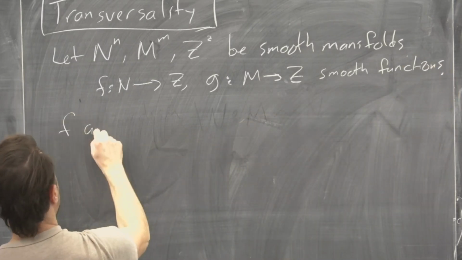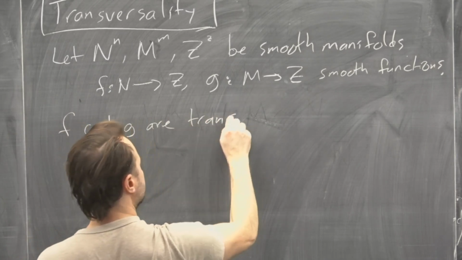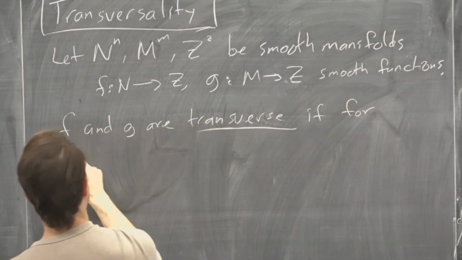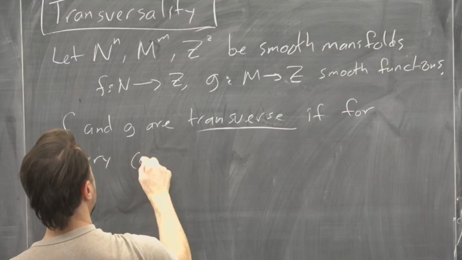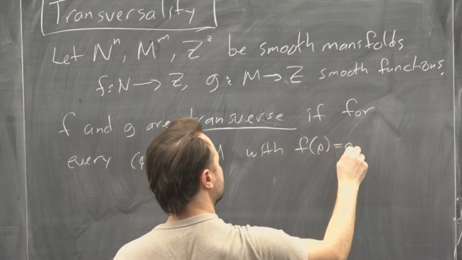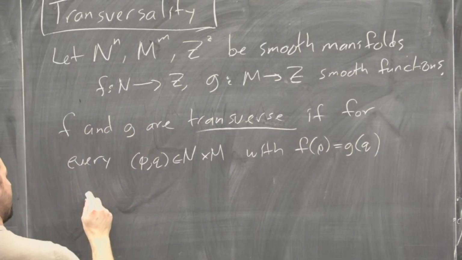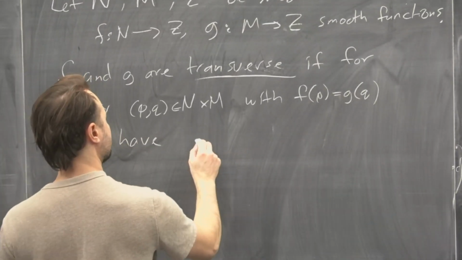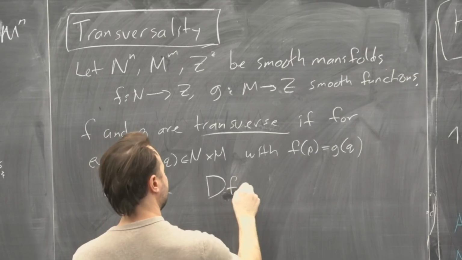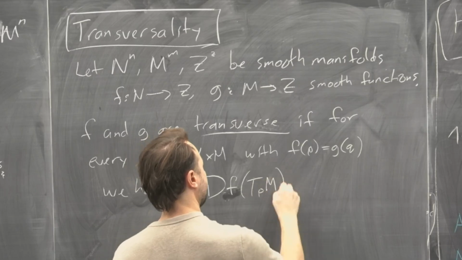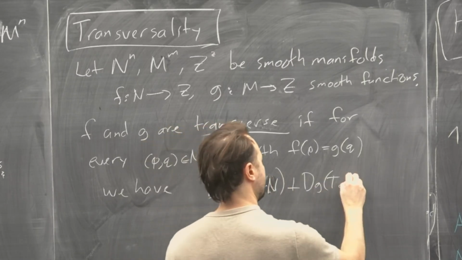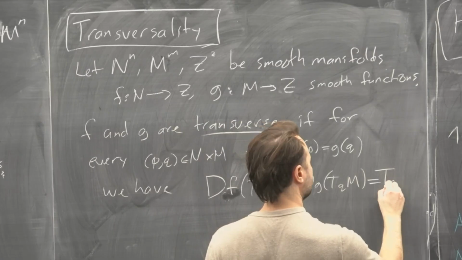So f and g are transverse if for every pair of points p, q that collide under f and g, you must have that the pushforward tangent spaces at those points, df of the tangent space of N at p plus dg of the tangent space of M at q, should be equal to the tangent space of Z at their common image.